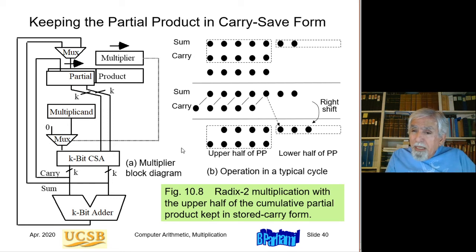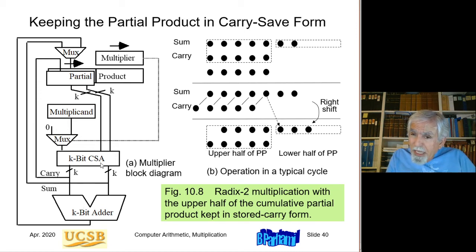So this is a big improvement. Now I have k cycles of carry save addition. So the critical path for those cycles is this multiplexer and the carry save adder. Those k cycles can be pretty short. But then I need one cycle at the very end that involves this k-bit addition that is longer.